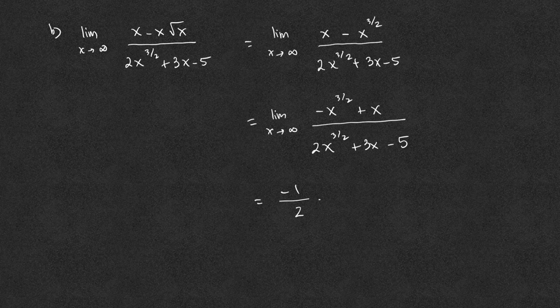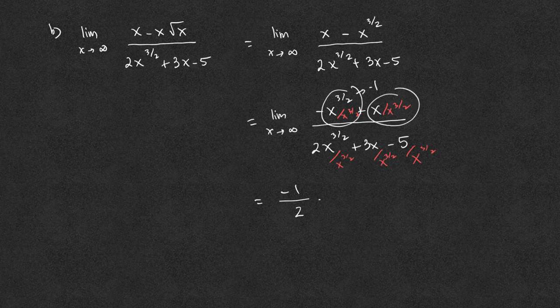To justify this, we can take this expression and divide it by the highest power in the denominator, which is x to the power 3/2. And we see that negative x to the 3/2 divided by x to the 3/2 is negative 1. And so the first term goes to negative 1.